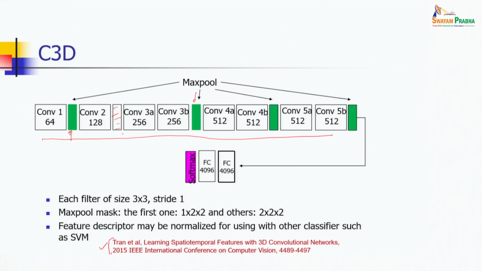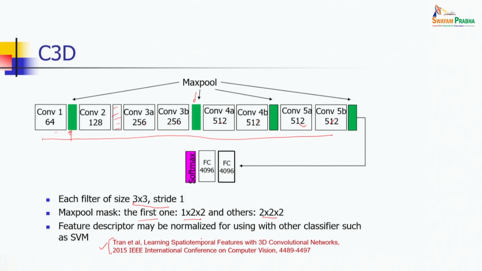I see 1, 2, 3, 4, 5, 6, 7, 8, so actually 8 convolution layers, each with filter size 3 cross 3, stride 1, and then max pool sizes: the first is 1 cross 2 cross 2, and the others are 2 cross 2 cross 2.